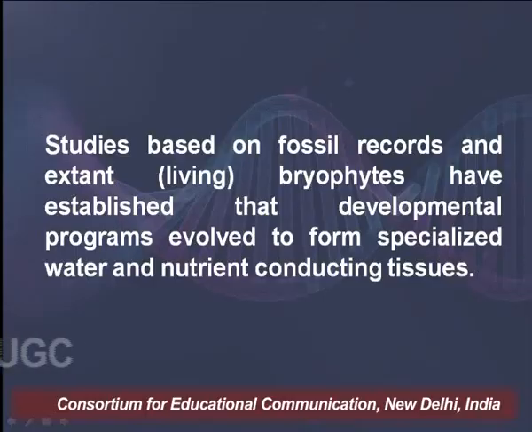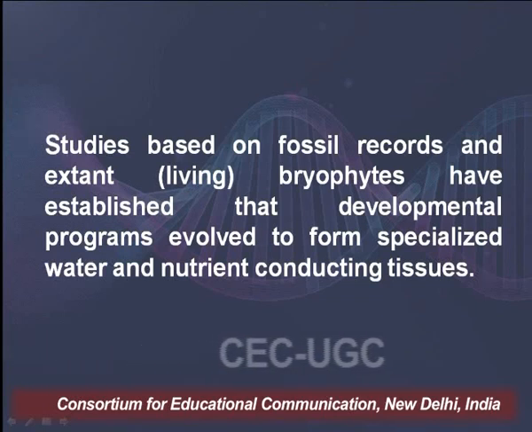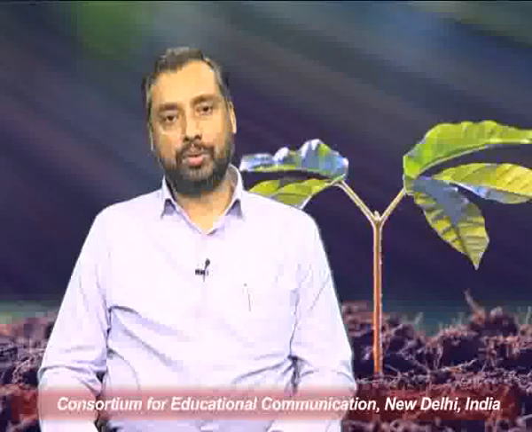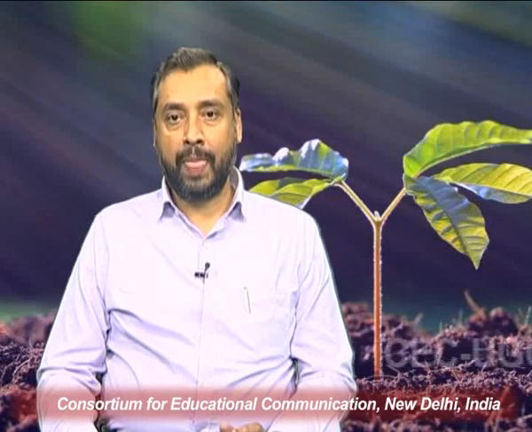Studies based on fossil records and extant bryophytes have established that developmental programs evolved to form specialized water and nutrient conducting tissues. Based on the fossil record, early pre-tracheophyte land plants appear to have developed simple water conducting conduits having smooth walls with small pores, likely derived from the presence of plasmodesmata.